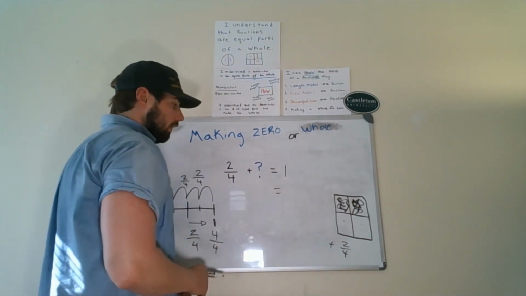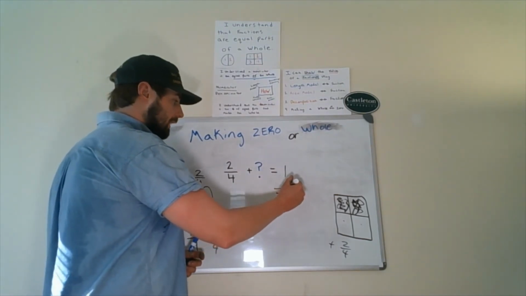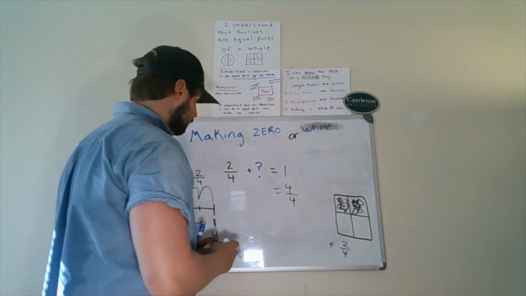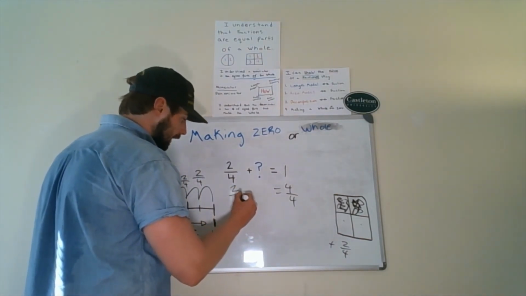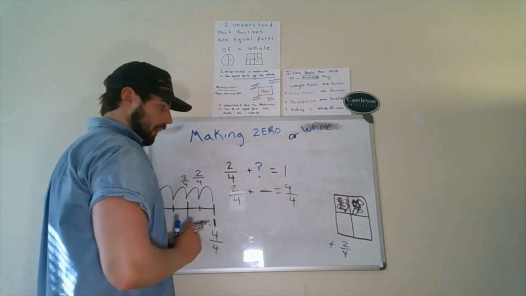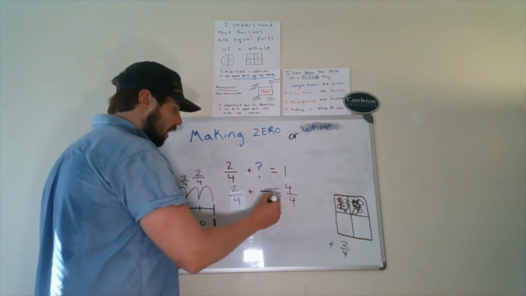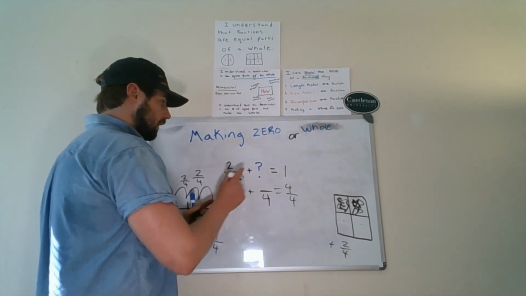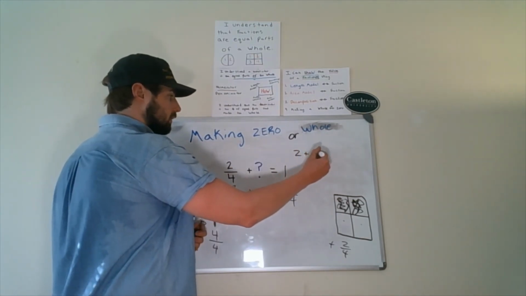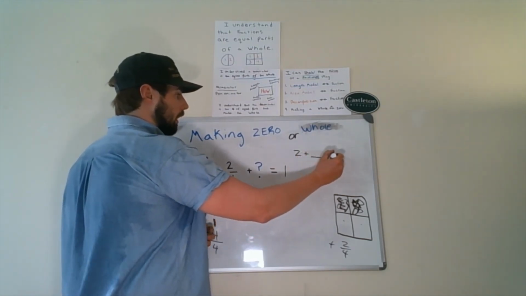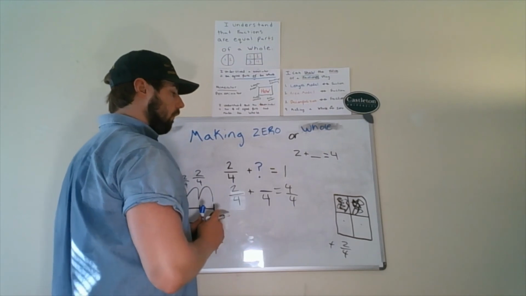To start, when I'm thinking with a whole, I need to know that 4/4 equal a whole. So when I'm looking at my expression, I know I'm working with a fraction. I know I'm working with fourths. I'm really trying to think 2 plus what? 2 parts plus how many more parts is going to equal 4?